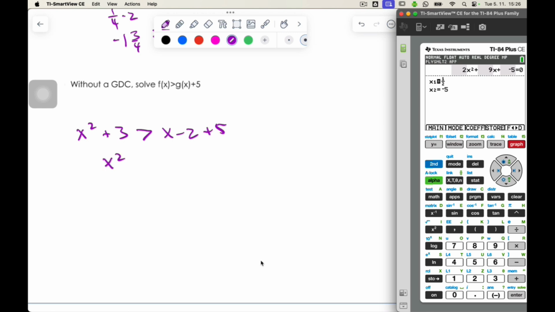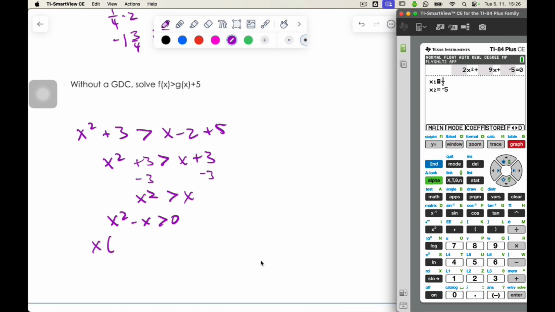So I have x squared plus 3 is bigger than x plus 3. Subtracting 3's, I get x squared is bigger than x. Now be careful here. I cannot divide by x because that's going to be one of my solutions. So I'm going to subtract the x, bigger than 0.